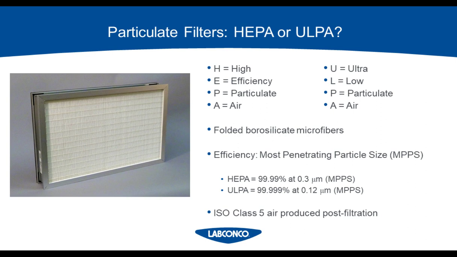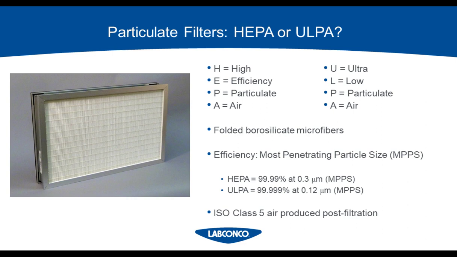One thing that is important to note when you're looking at these filters is the rating on them. They all have different ratings of filter efficiency, and that rating is basically of the weakest point at which that filter can operate. We like to call that the most penetrating particle size. The particle size changes depending on the filter density.